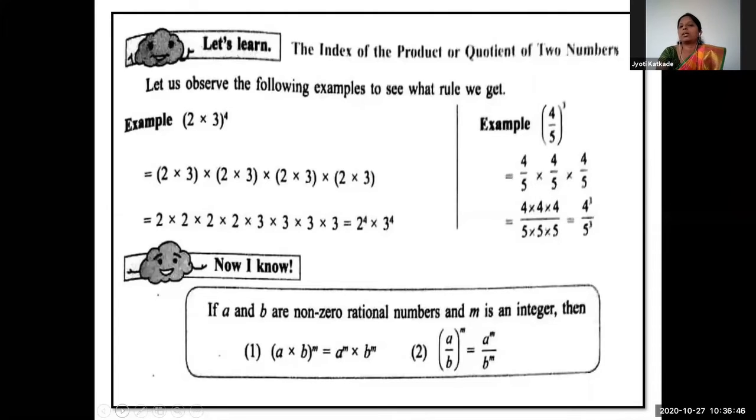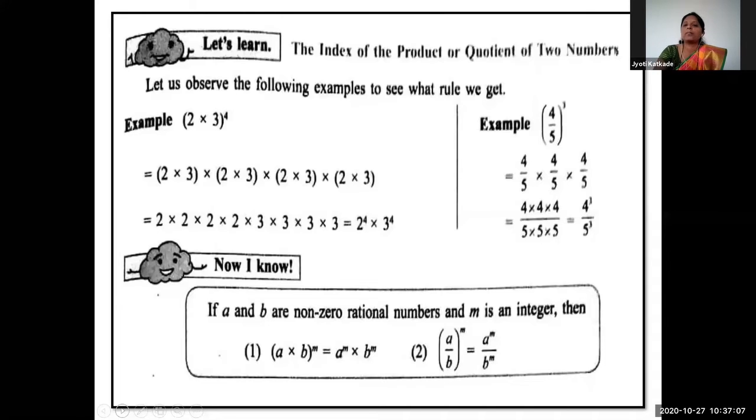If we take the power of any single number, then we multiply that number as many times as the power. Here the power of the whole bracket is 4, so multiply this bracket 4 times.